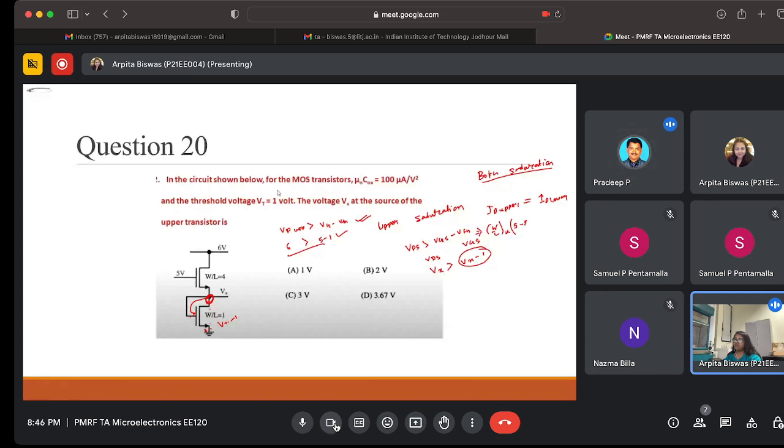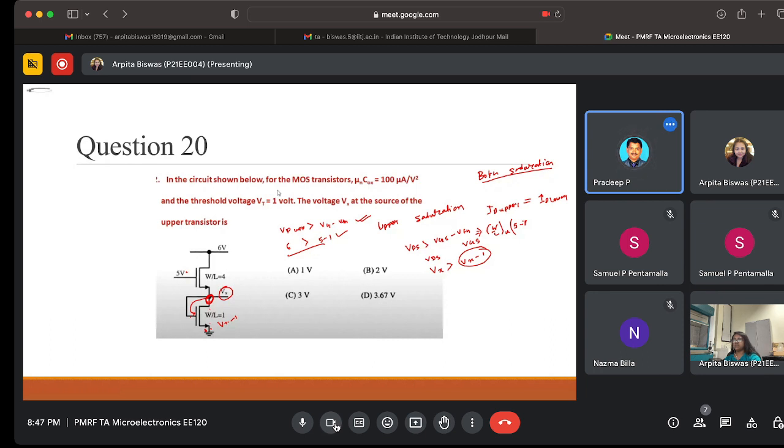I think there were minus Vx. See here the Vx is present. So VGS is 5 minus Vx minus 1, VGS minus VTH whole square, right? Correct, madam. On this side, W by L is 1 on the lower side, and the equation is simply Vx minus 1 whole square.